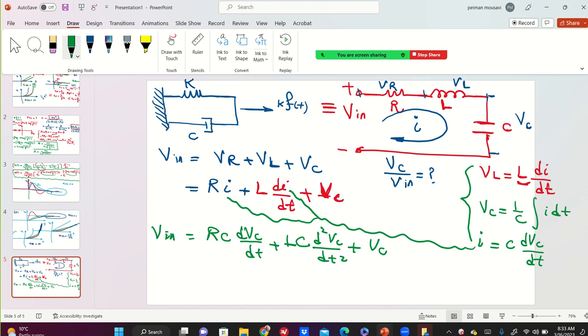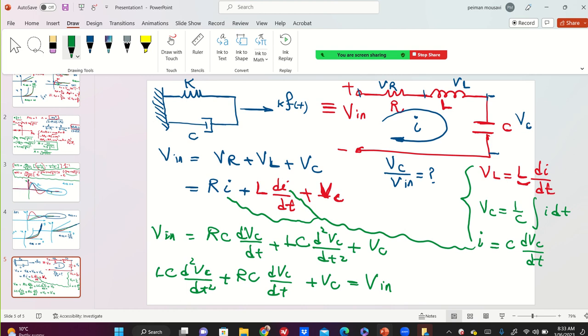Or if you rewrite it, you're going to have LC d square Vc over dt square plus RC dVc over dt plus Vc is equal to Vin.